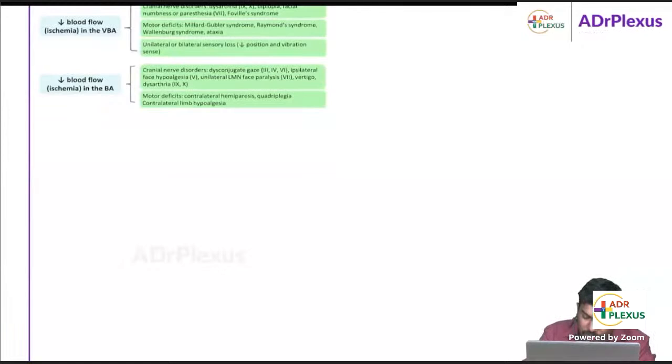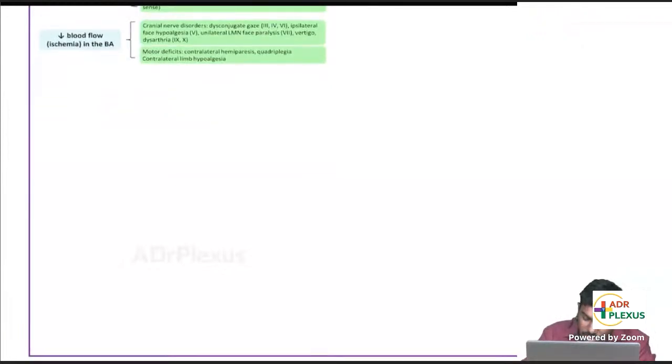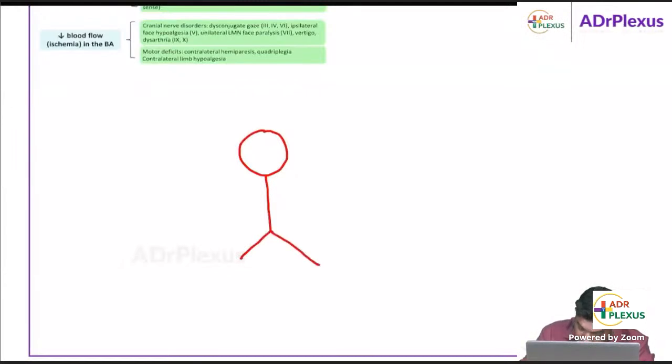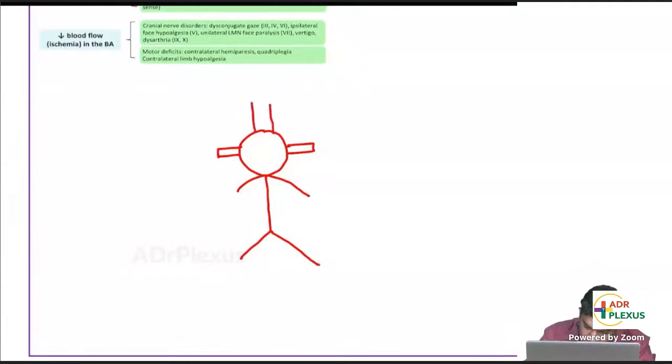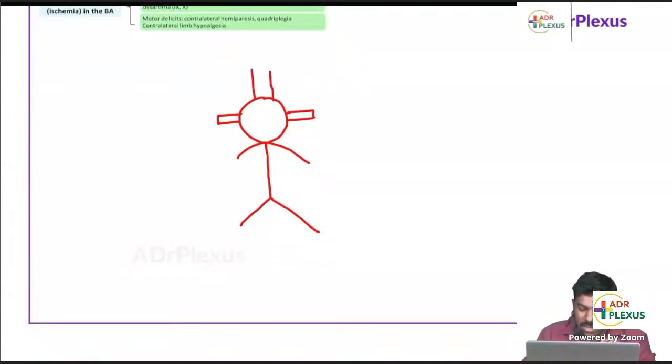Circle of Willis, our favorite circle, where we are going to have a trunk, a leg, a limb, an ear, a horn. Right? This is our circle of Willis.